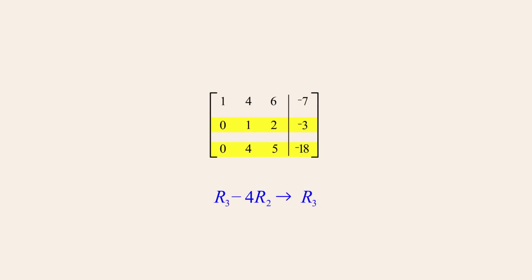Multiplying row 2 by -4, and adding that multiple of row 2 to row 3, we replace row 3 with the result.